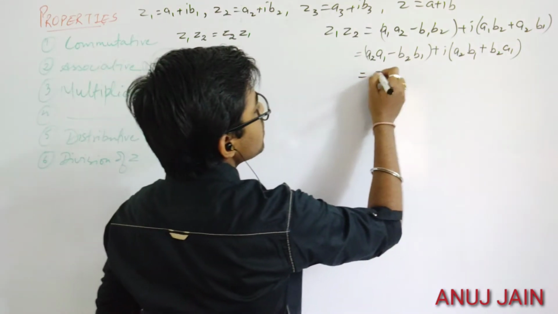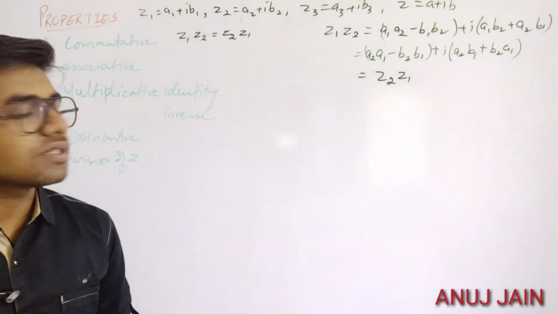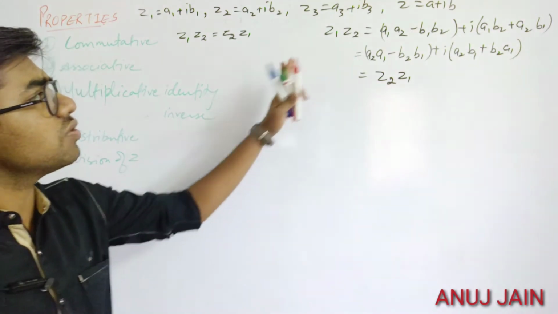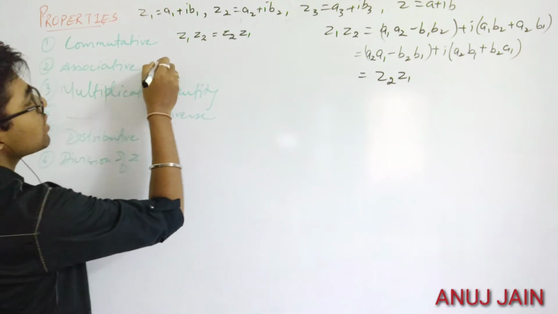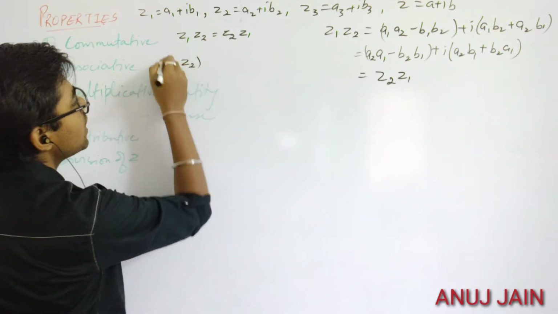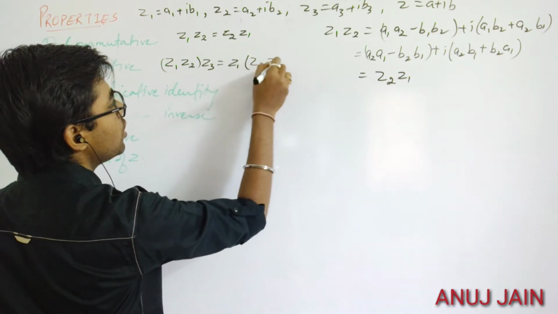Now you see this is equal to Z2 Z1. So it is very easy to verify any property. Similarly, you can verify associativity: Z1 into Z2 into Z3 is equal to Z1 into Z2 Z3.